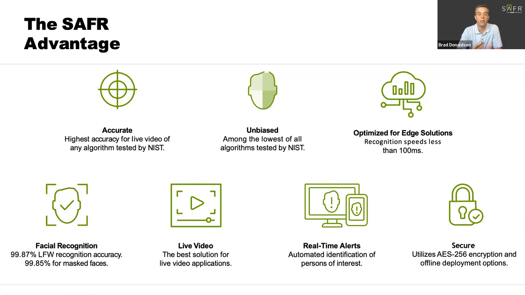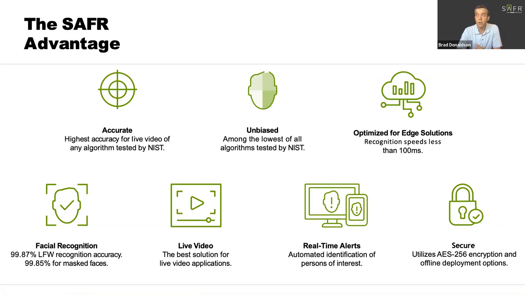And that translates into very embeddable and very good for edge applications, which is what we're talking about here with our SAFR Scan product. This is a solution that runs completely on the edge. All of our algorithms, all of the processing is actually done on the device out on the edge. So you get this highly accurate, very fast embedded solution on the edge.